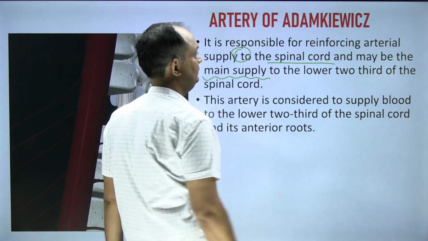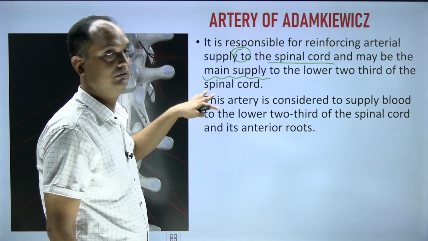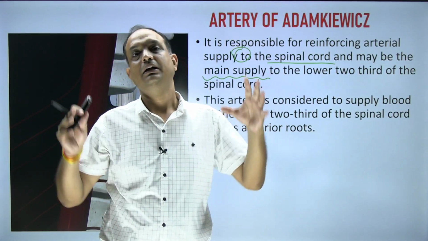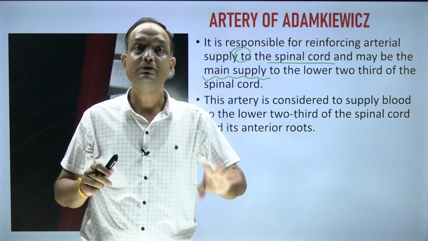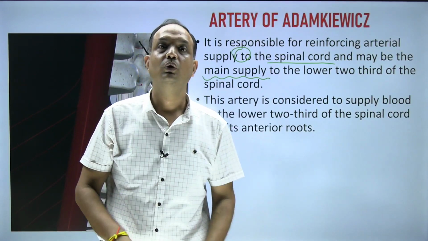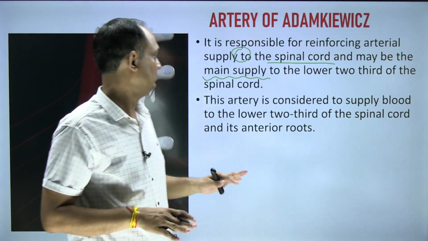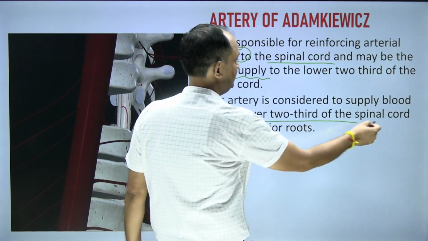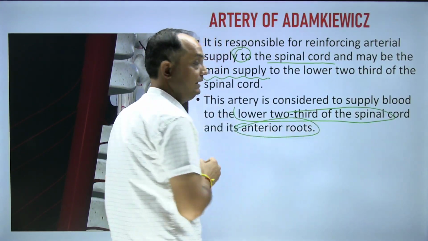It mainly supplies the lower two-thirds of the spinal cord. Clear? Sometimes this artery is so large that it becomes the main source of blood supply to the anterior spinal artery and to the lower two-thirds of your spinal cord. So this artery is considered to supply blood to the lower two-thirds of the spinal cord as well as to the anterior roots.